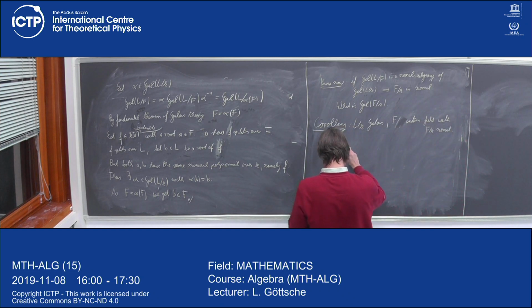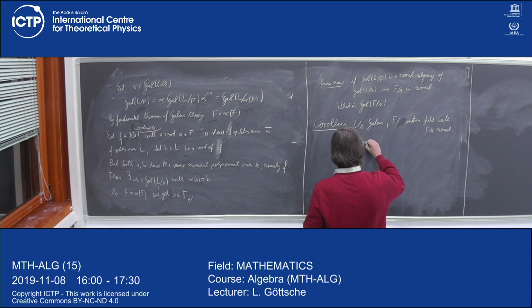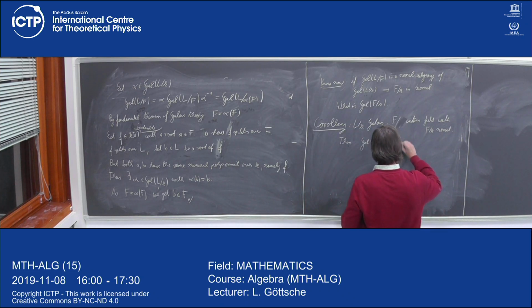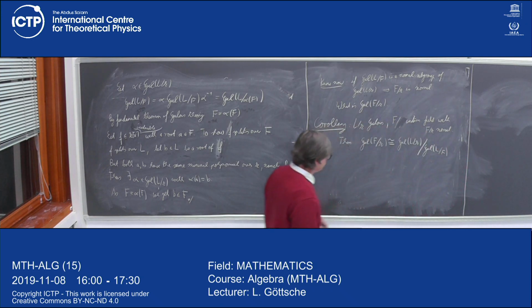Then we have a canonical isomorphism. The Galois group of F over K is isomorphic to the Galois group of L over K, divided by the Galois group of L over F.